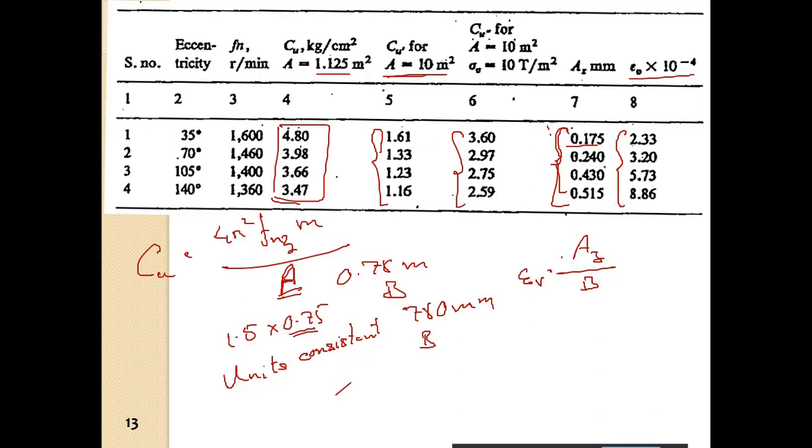For converting the Cu to Cu dash to Cu double dash, same thing. This is for area correction, so root over A1 by A2. That is corrected here. And this is for the pressure correction, so sigma 2 by sigma 1. That is the pressure correction, nothing else.